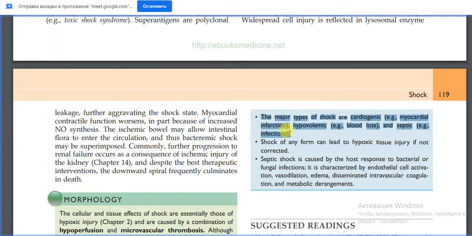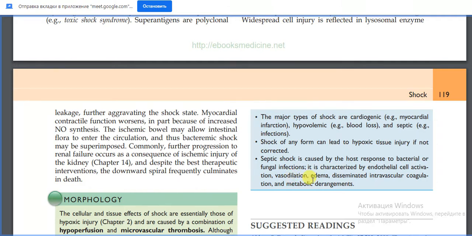Also, as I said, allergic shock, also known as anaphylactic shock, is not explained here. Shock of any form can lead to hypoxic tissue injury if not corrected. Septic shock is caused by the host response to bacterial or fungal infection. It is characterized by endothelial cell activation, vasodilation, edema, disseminated intravascular coagulation, and metabolic derangements.